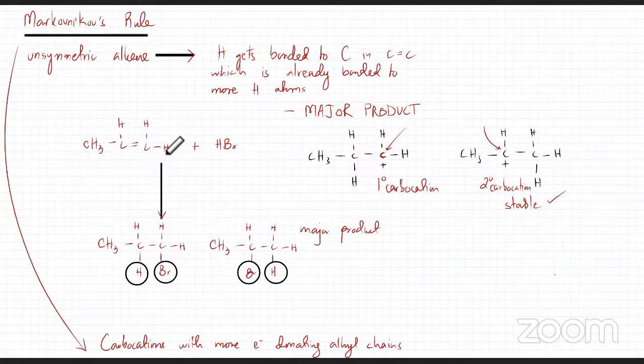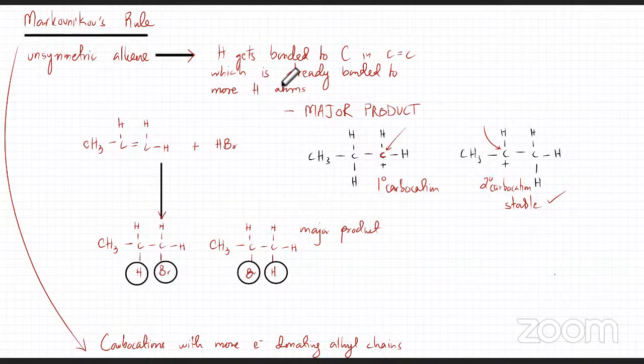The H could get added to the carbon on the right side, and that would give you this molecule over here. Or the H could get added to the carbon on the left side, and the Br could get added on the right side. So there were two options that could have happened.